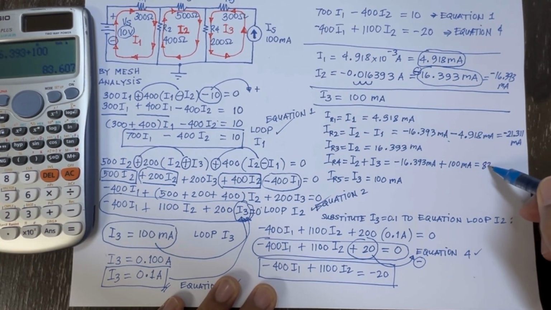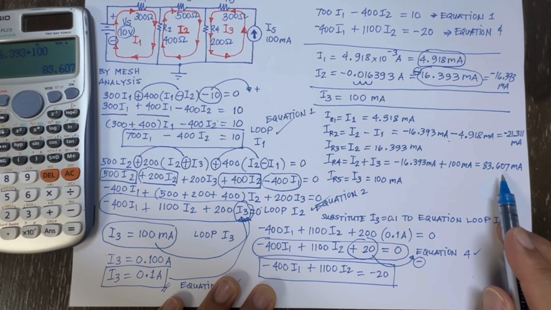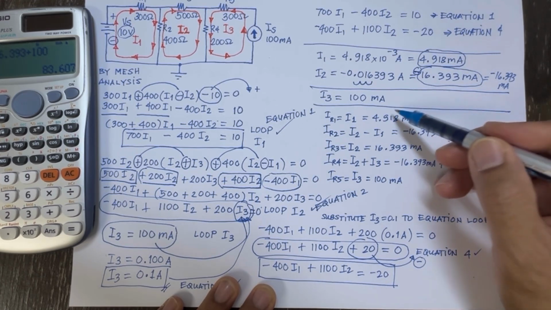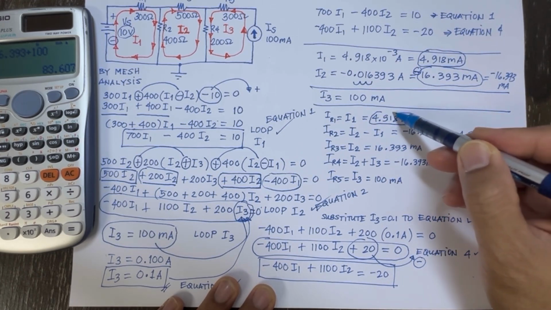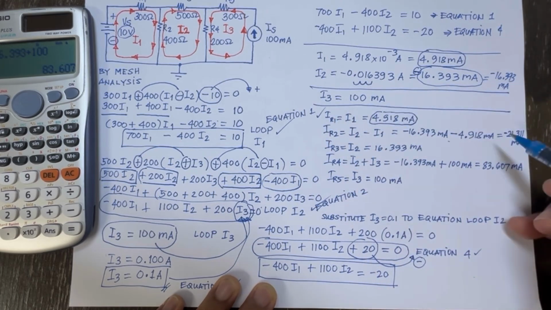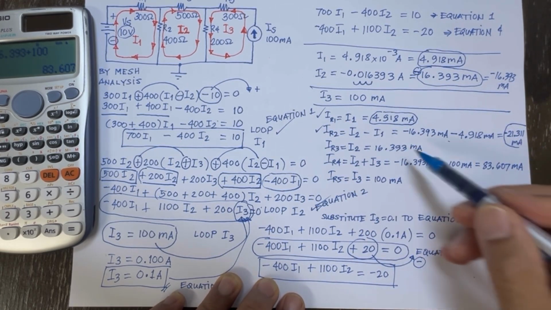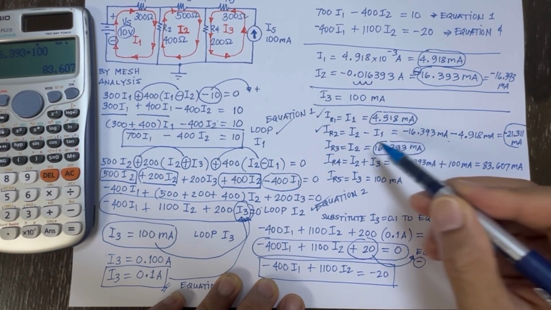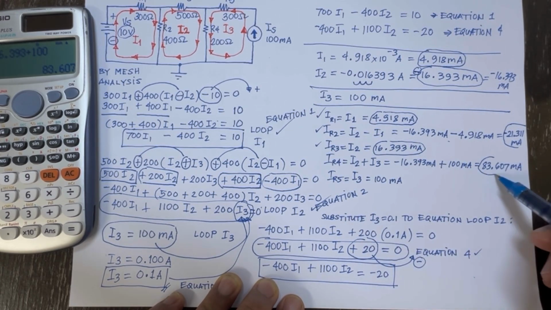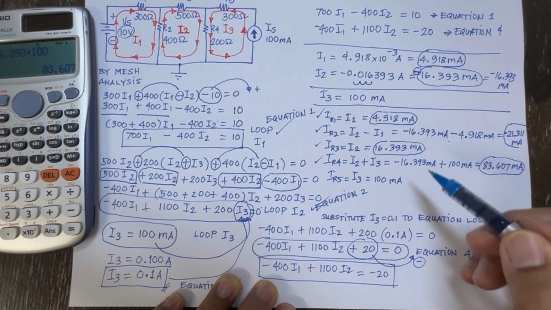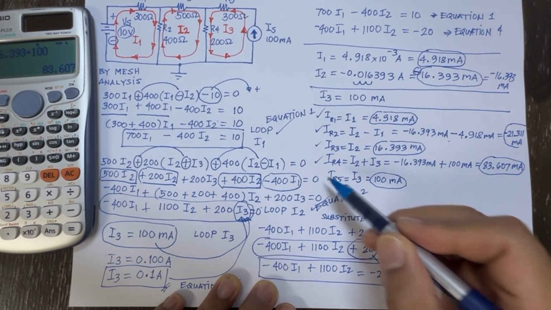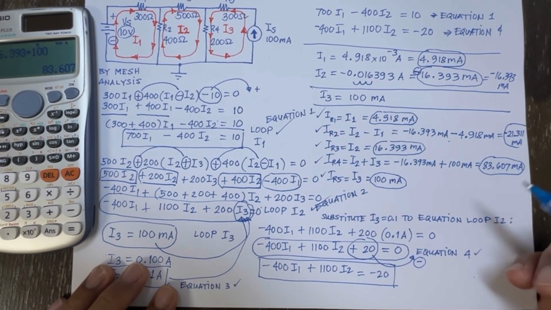And let's see what will be the answer. 83.607 milliamperes. And there you go. We got all of the currents from IR1, which is the current on R1, IR2, current on R2, IR3, current on R3, IR4, current in R4, and IR5, which is current in R5.